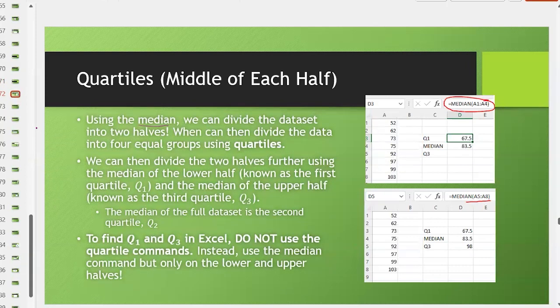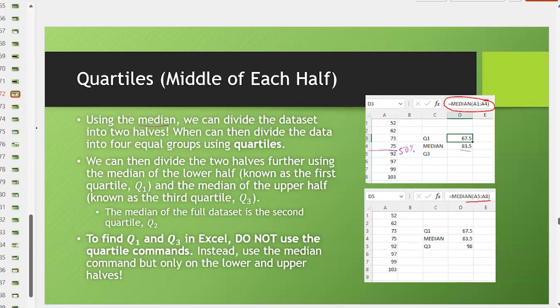So if we just have these 8 data points that you see over here, the median is 83.5. It is the 50% point of the data, right? 50% of the data is below the median, 50% of the data is above the median. That's always the case because that is what the median is. Right? It is the middle point of the data. So there's always 50% below and 50% above.